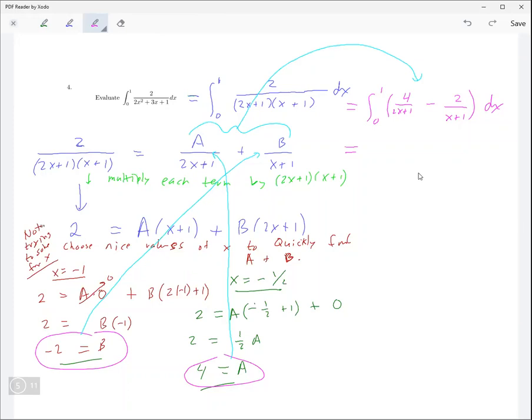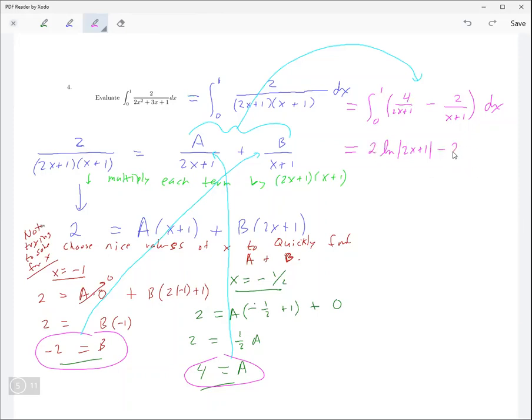And then comes the favorite part, which is integrating. Here you're going to get the natural logarithm of 2x plus 1. If you differentiate this, you'll have 1 over 2x plus 1 times the derivative of this part, which is 2. But we wanted to get a 4, so just add a 2 there.